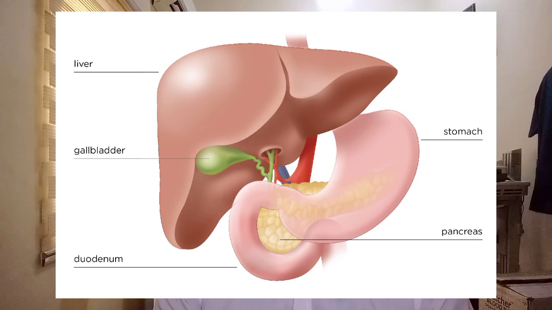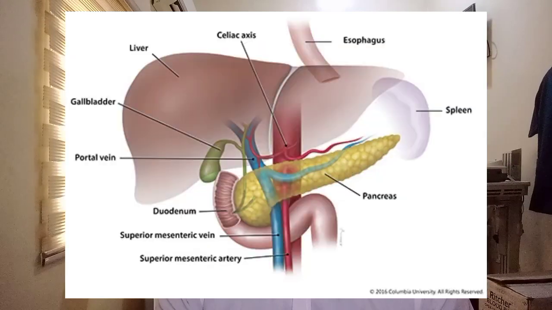So the superior mesenteric vessel, usually the superior mesenteric vein only, lies anterior to the uncinate process. This uncinate process is the medial tapered projection of the head that extends posterior to the superior mesenteric vein and sometimes large enough to extend to the posterior of the superior mesenteric artery.